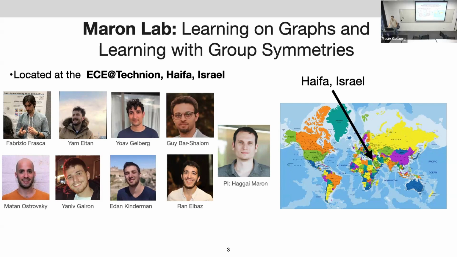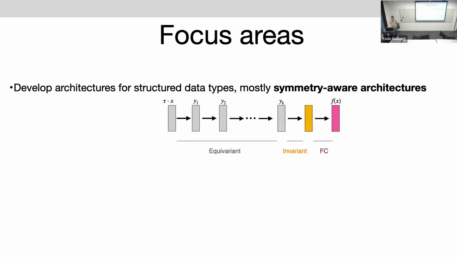Essentially we have 2 focus areas. First thing is to come up with new architectures that can work well on structured data types. Those architectures are mostly symmetry-aware architectures. That means that we try to understand what are the natural symmetries of the entities that we are trying to learn, and then develop models that take into account those symmetries.